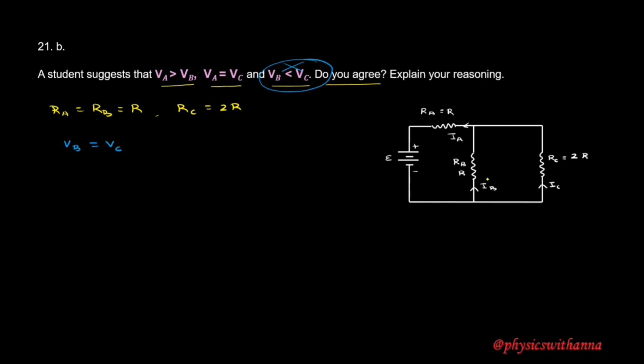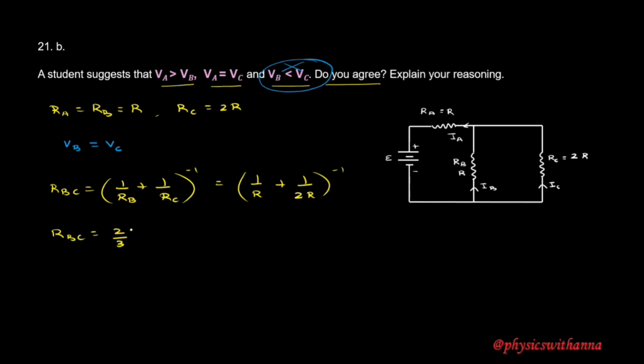RB and RC are connected in parallel, so RBC equals (1 over RB plus 1 over RC) raised to negative 1, which is (1 over R plus 1 over 2R) raised to negative 1. RBC becomes equal to 2 by 3 R, which is 0.67 R. And we know RA is just equal to R.